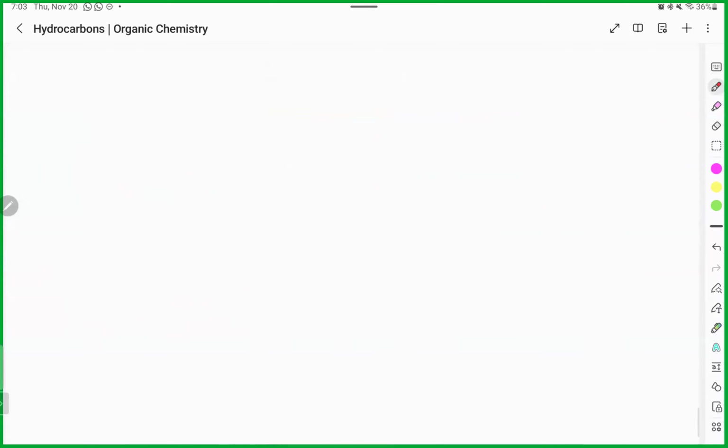Then polymerization. The last reaction of alkyne, polymerization.